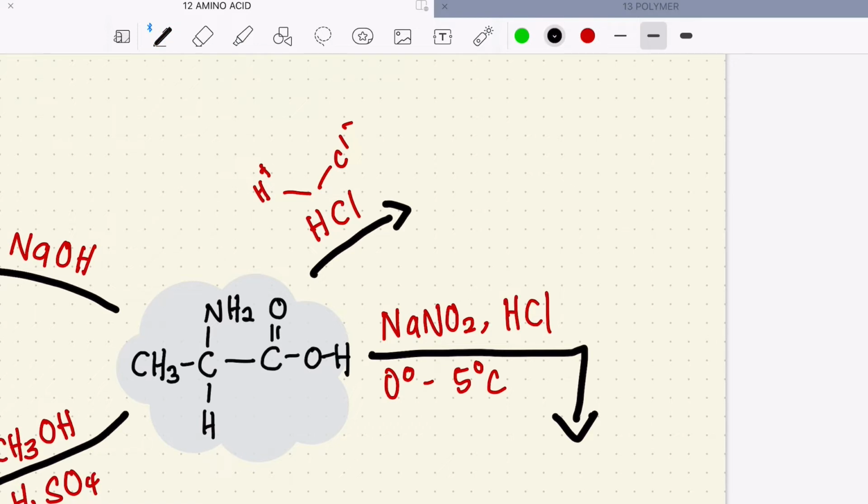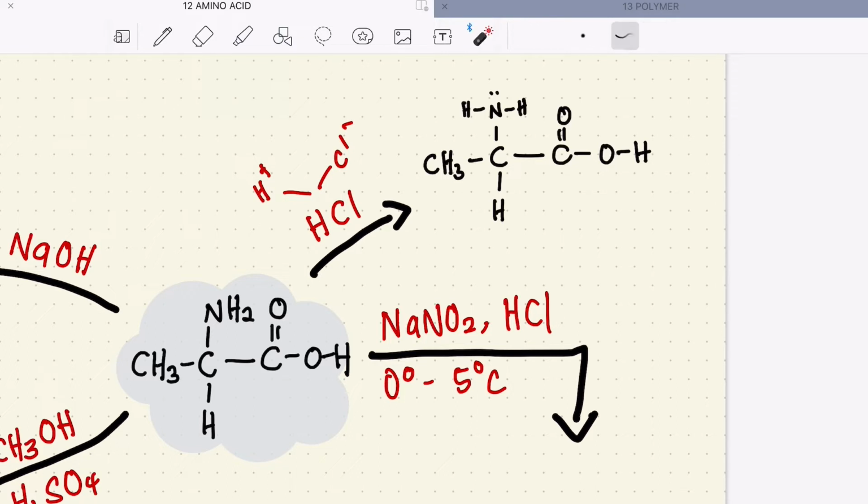bonded with NH2. Let me show you here. CH3, C, H, C double bond O, H. Now, if we open this, we are going to see there's a lone pair here. This lone pair will attract the H plus. So what will happen?